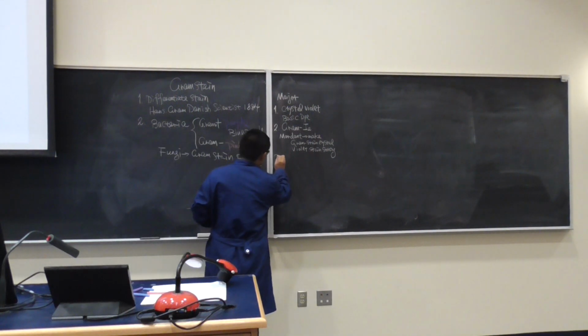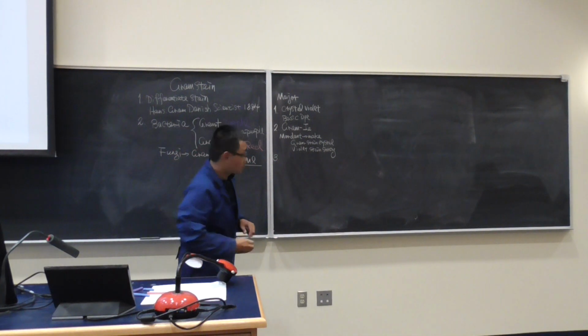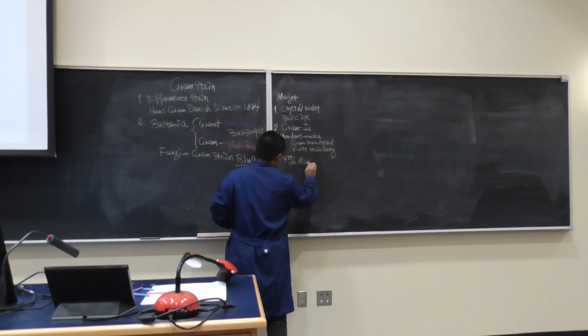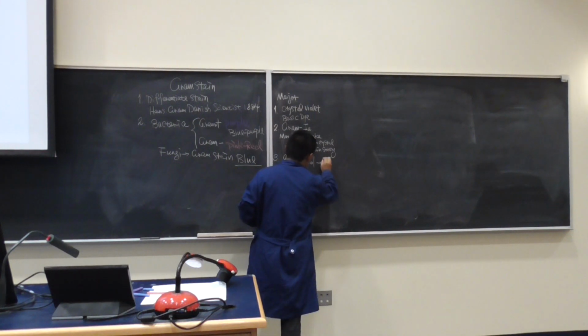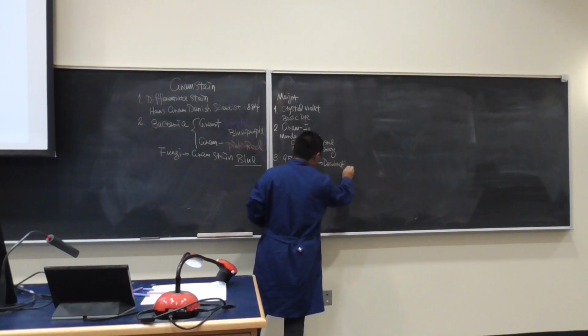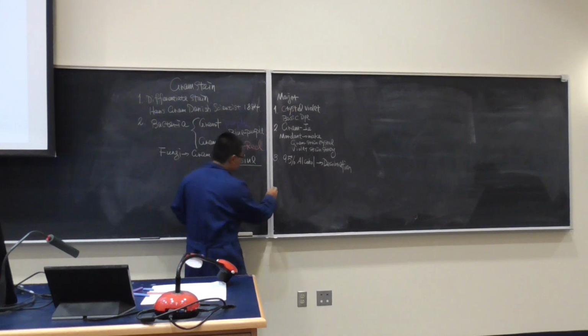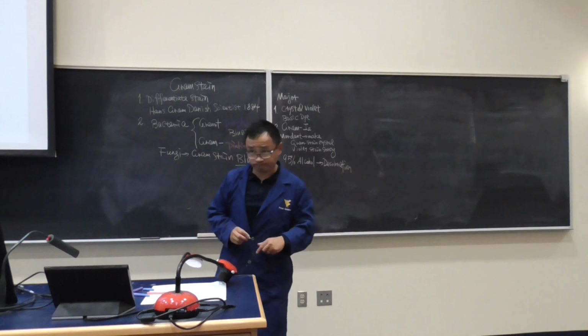Okay, after doing these two steps, we move to the third step, which is using 95% alcohol. The function of this step is decoloration. Since it's decoloration, we imagine nothing could be there.